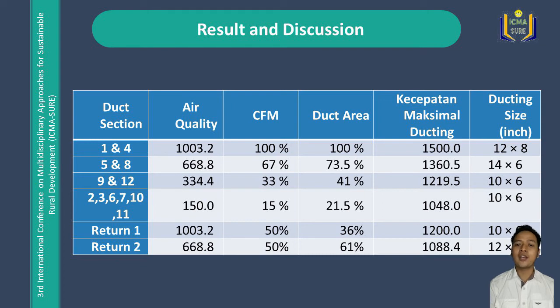The design of air conditioning with central air conditioning needs to take into account the size of the ducting with the size of the MASTEK mosque. The ducting size is 4 meter by 4 meter with 3 lines.